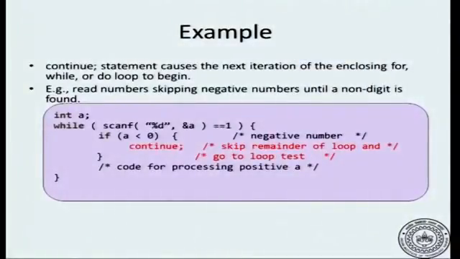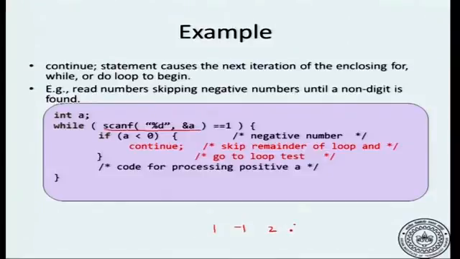Let's imagine that you have the main and things like that written, and the central part of the code can be analyzed as follows. So you have an integer variable a, and let's examine the code in closer detail. We may have an input sequence that looks like this: 1, -1, 2, and then dot.